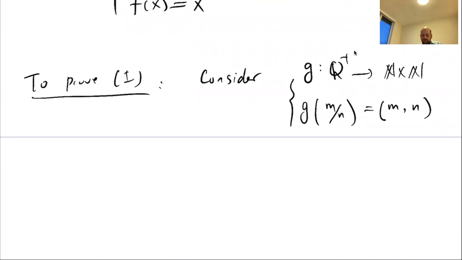Okay, so every rational number is of the form m over n, and I'm defining that as m comma n.